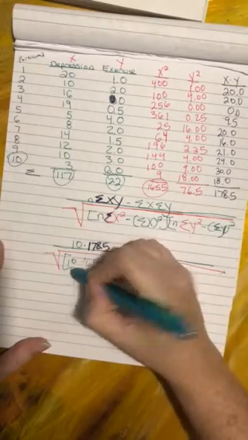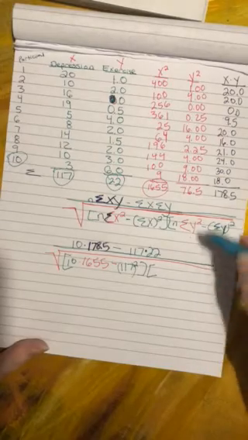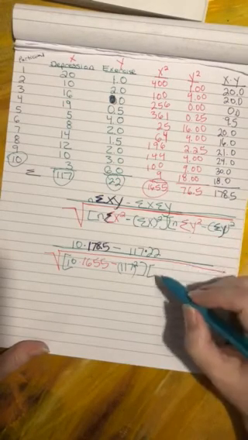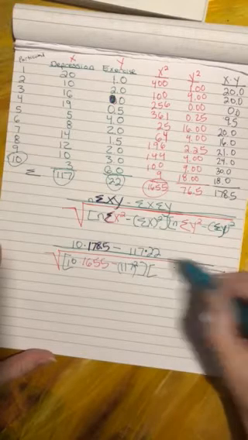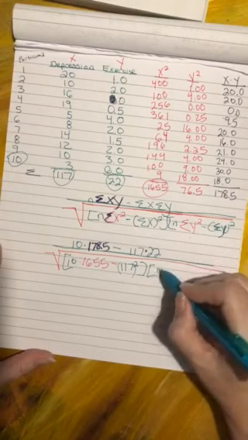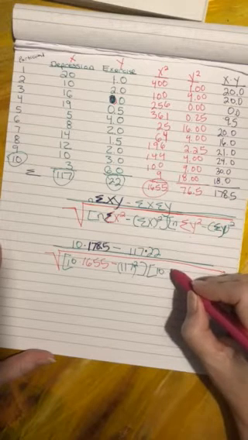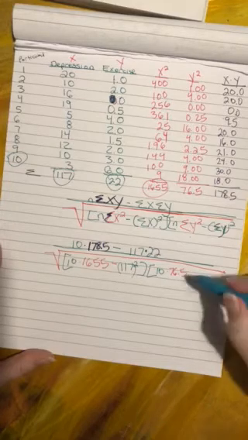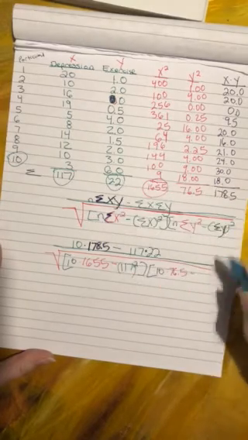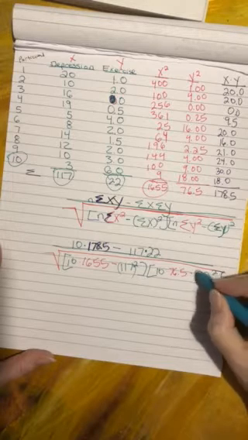And all of that is in brackets because we're going to do the exact same thing on the y side and multiply it together. So of course, n is 10. The sum of our y squared column is 76.5. Subtracting 22, the sum of our y column, and squaring that.